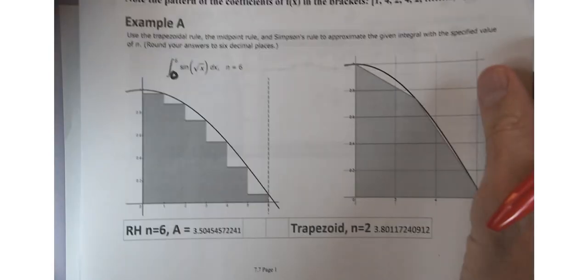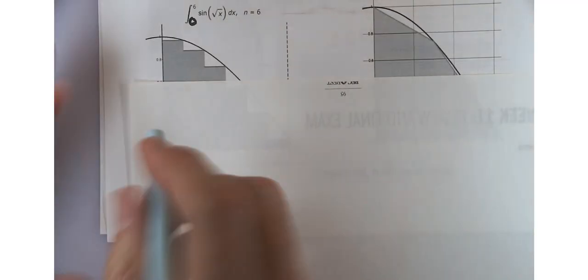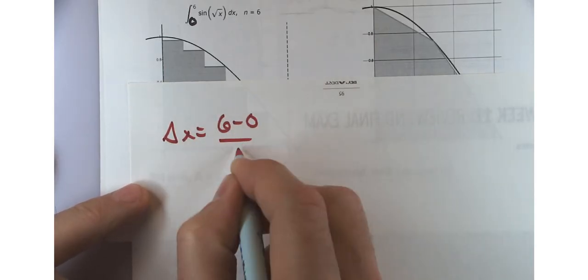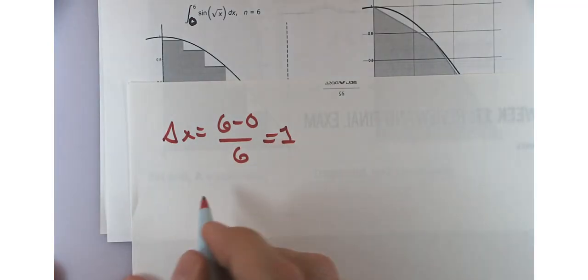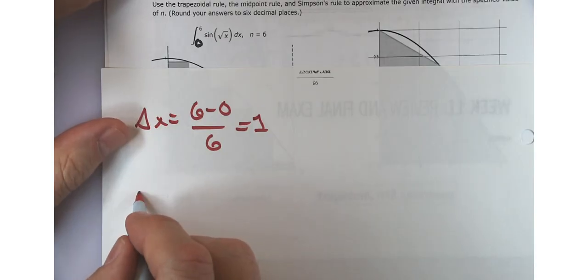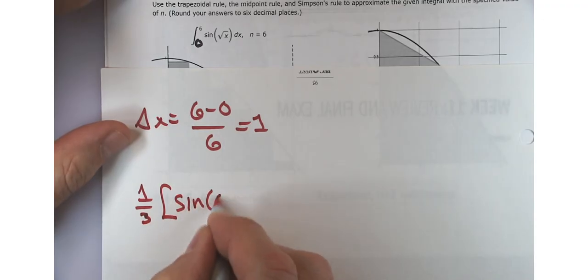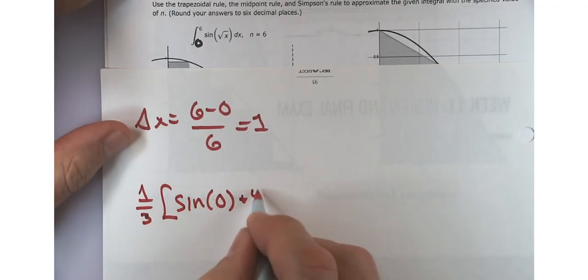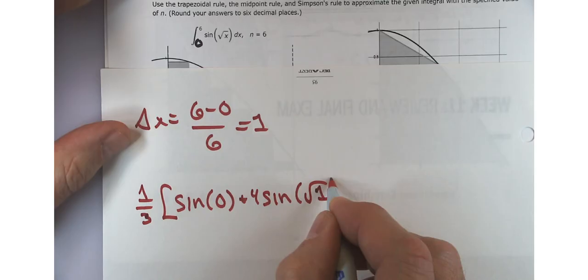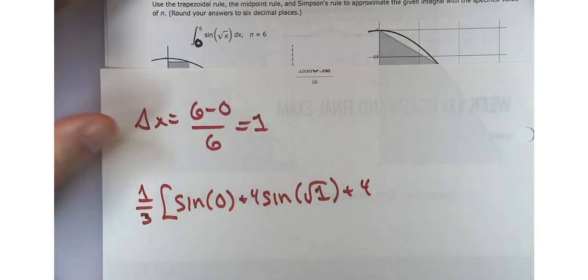So going back to example A with trapezoid or Simpson's rule this time, we still have the same delta x as before. Delta x is going to be 6 minus 0 over 6, which is 1. So out in front, I'm going to have delta x over 3, so 1 over 3 times sine of the square root of 0 plus 4 times the sine of the square root of 1 plus 2 times the sine of the square root of 2.